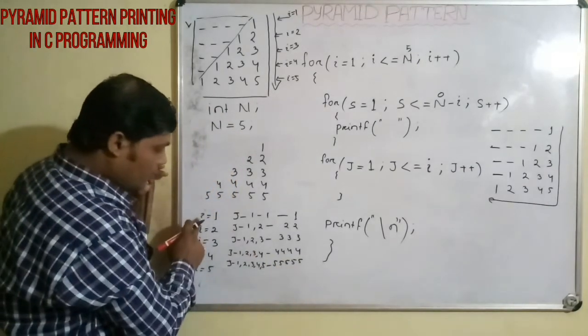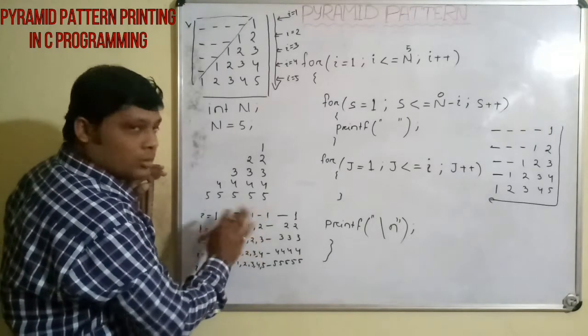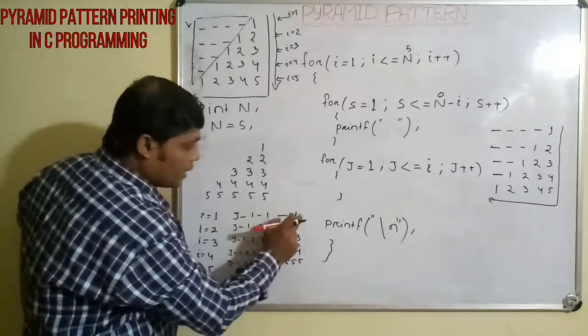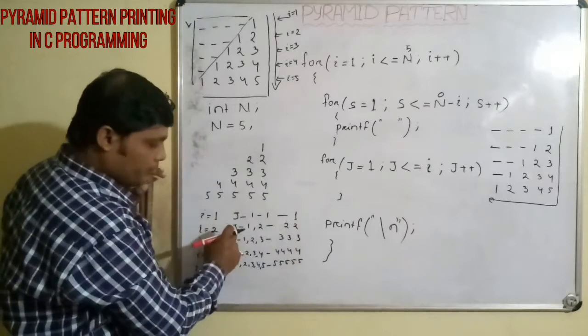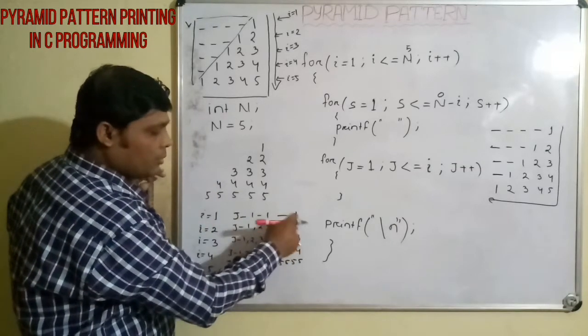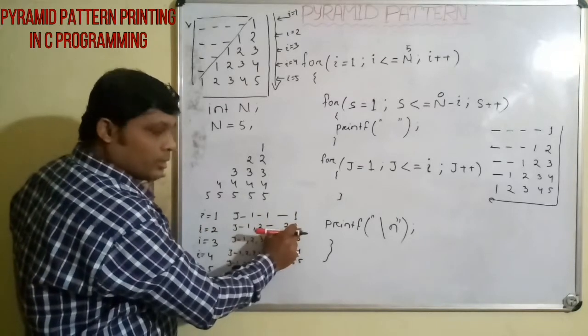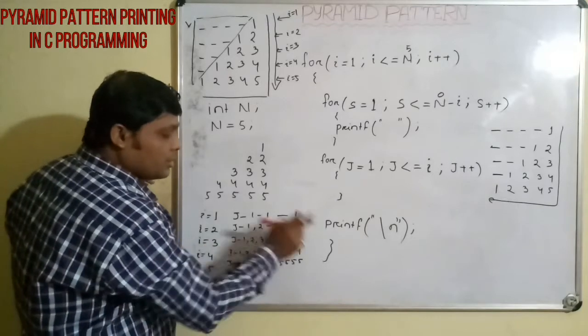You can see when I value is 1, whatever the j value is, we don't bother about that, but what it is printing is 1. When I value is 2, j loop will continue 2 times, so whatever we print, it will print 2 times: 2 and 2. When I value is 3, it is printing 3, 3, 3.